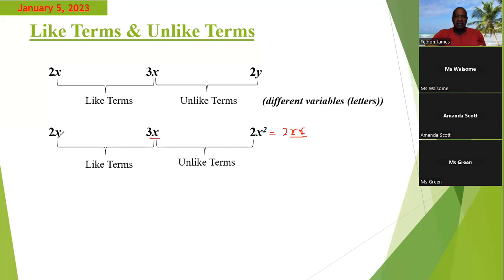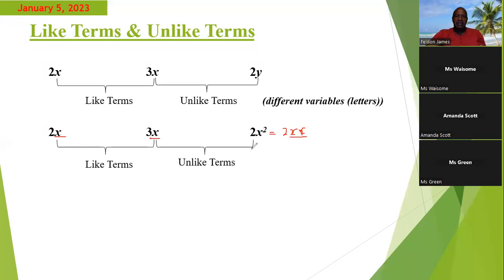This is a single x. And because this is a product, this becomes a different term. If these two terms had x times x in them, then they would have the same term, right?